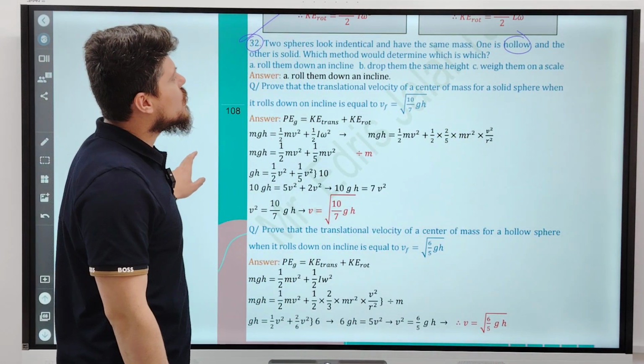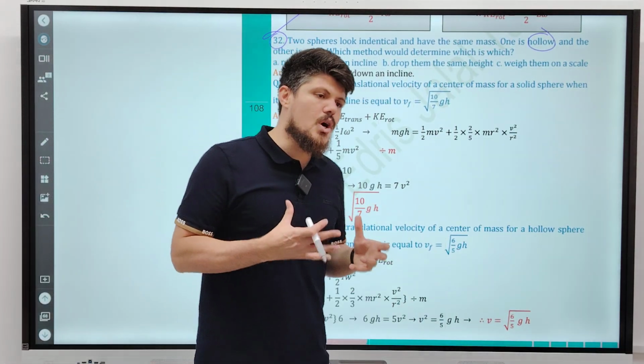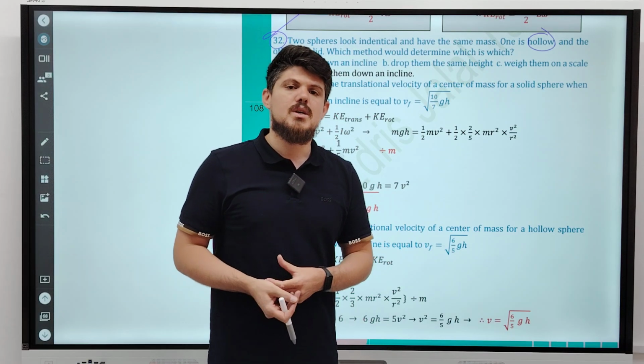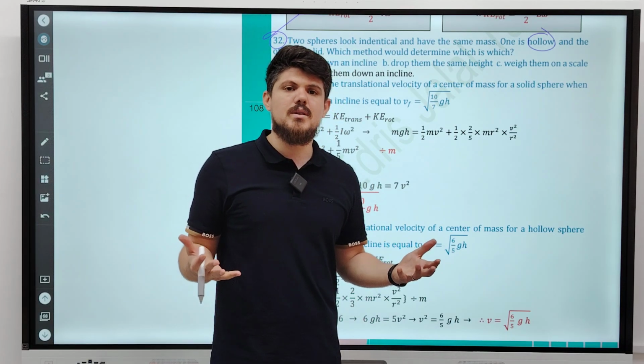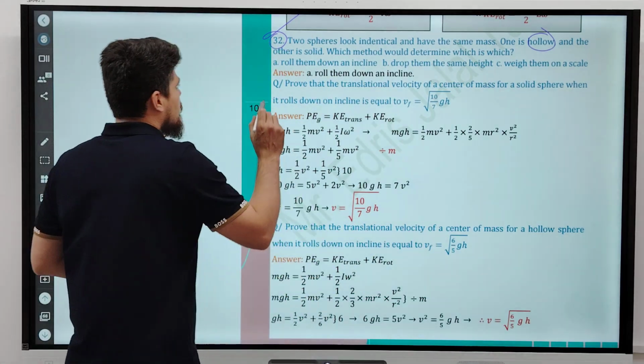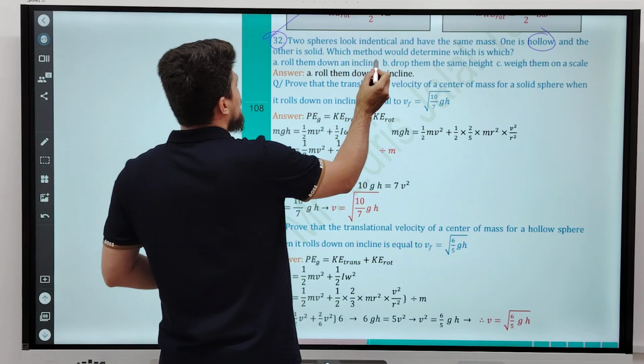Which method would determine which is which? How can you determine which sphere is the hollow sphere and which is the solid sphere? By weighing on the balance? No, because they have the same mass. A. Roll them down an incline?